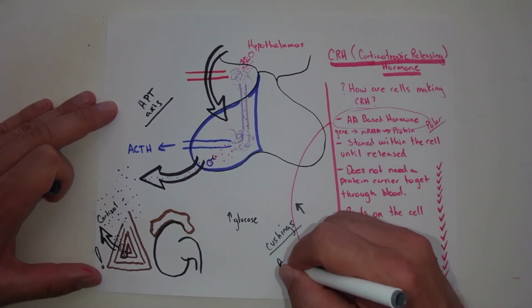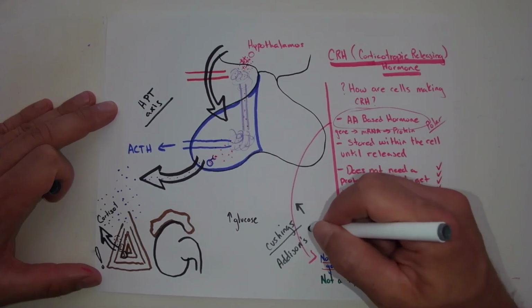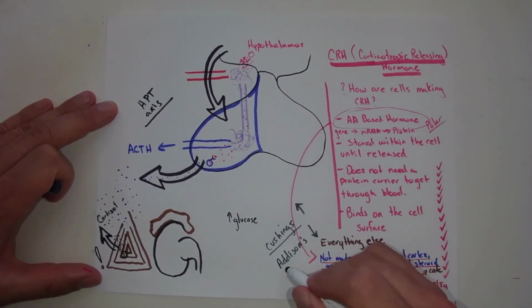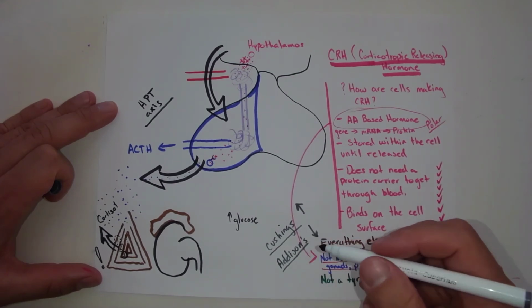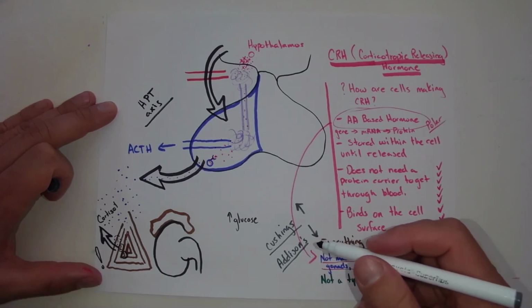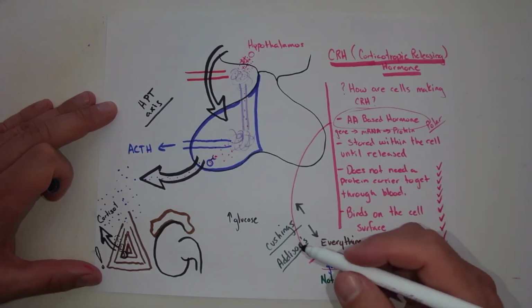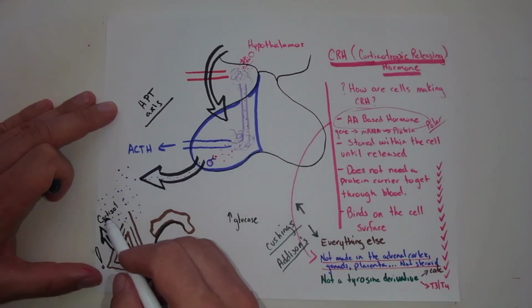Addison's disease, I believe it's 2Ds. Addison's disease is not enough. These people can't cope with stress and get their blood glucose levels up to respond, to give the cells the energy they need to respond, because they don't have enough CRH or enough ACTH or enough cortisol.